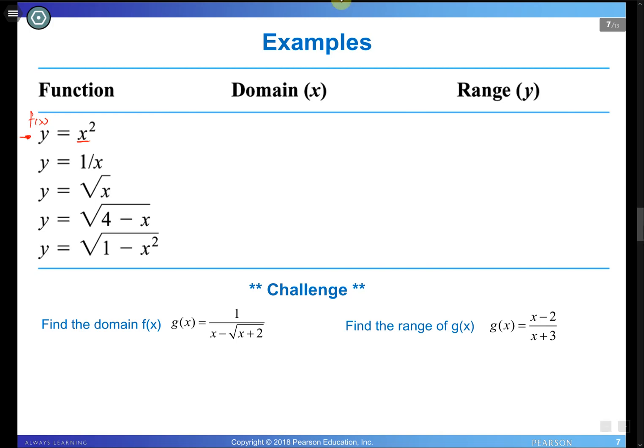So looking at this, is there any chance any values of x can create division by 0? Well, no, because we have x squared here. So definitely no problem with division by 0. What about square root of negative number? Of course not, because we don't have a square root here. So x can be anything.